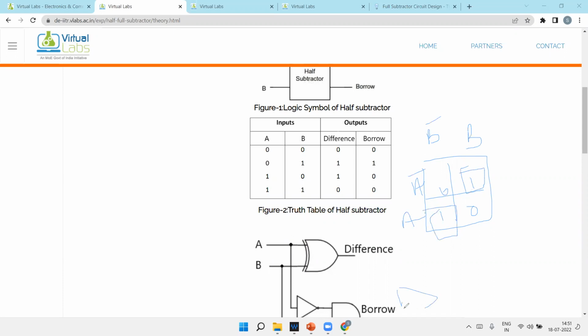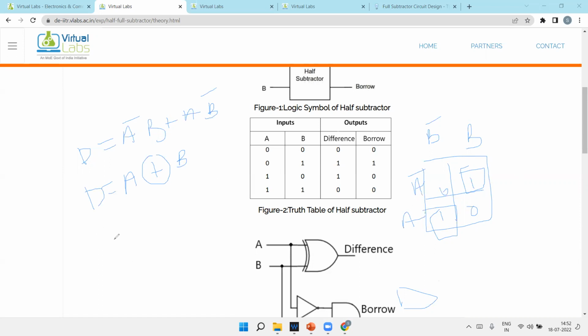So the equation of difference will be A bar B plus A B bar. Or we can say it is the equation of an XOR gate. So you can say it is A XOR B. So the equation of output for half subtractor and half adder is always the same.